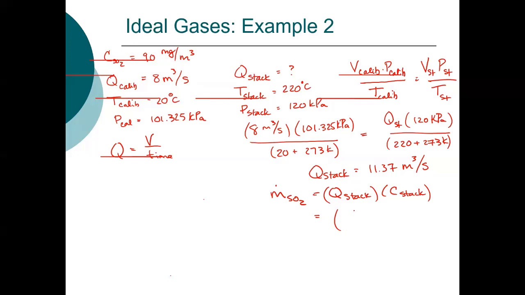And that is equal to 11.37 meters cubed per second times the 90 milligrams per cubic meter, and that is 1,023 milligrams per second. So what I've calculated here, and I apologize for all the extra lines, is the mass of SO2 that's emitted.